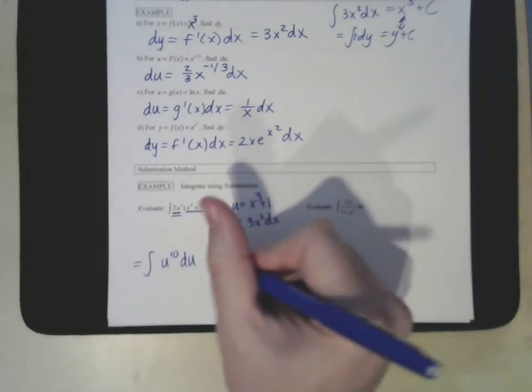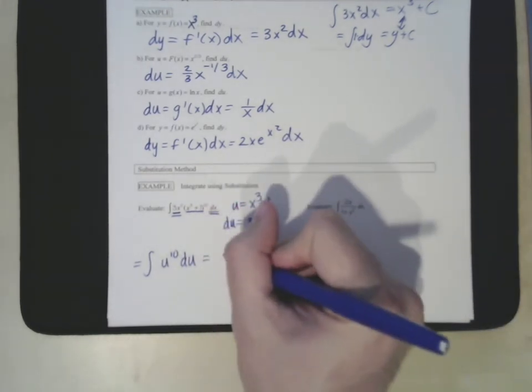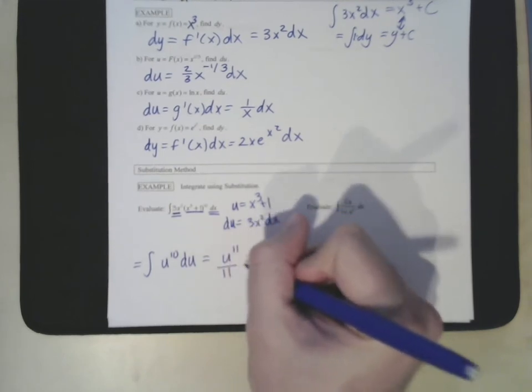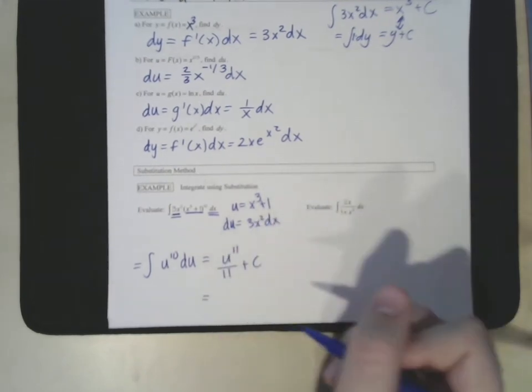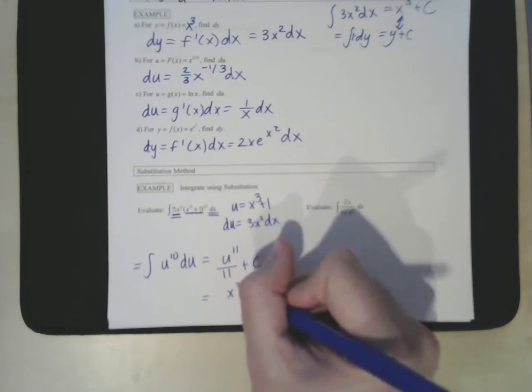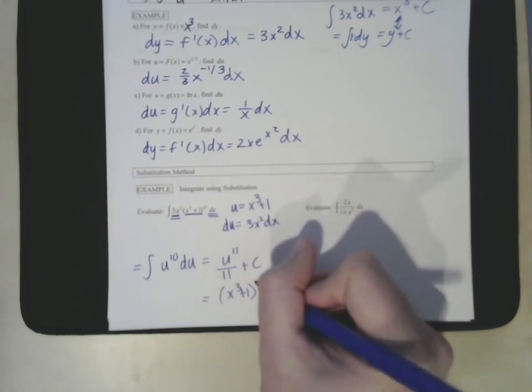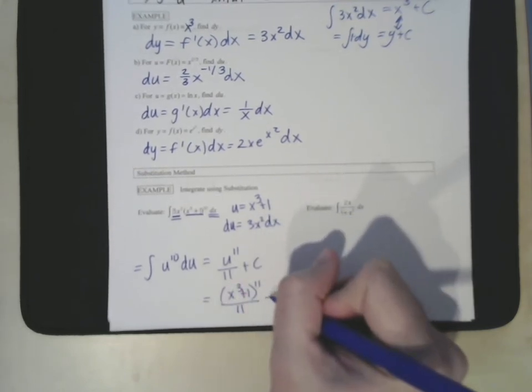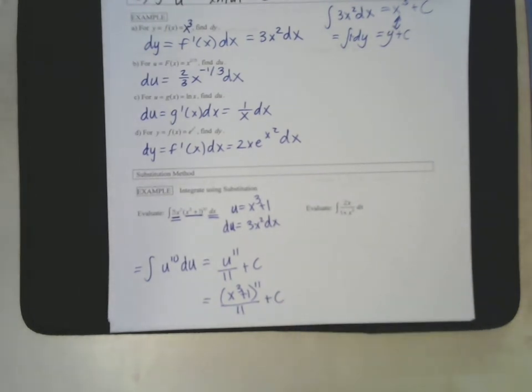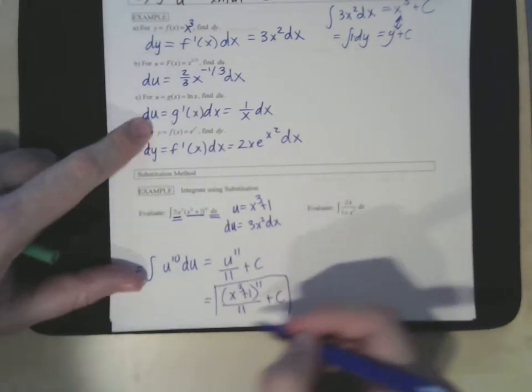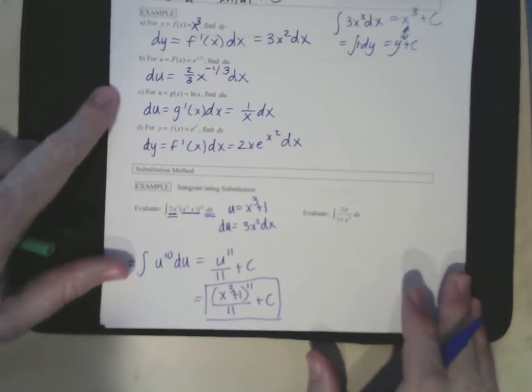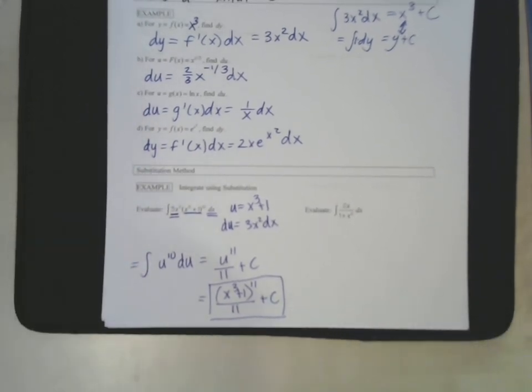And now we can integrate this using the power rule of integration, u to the 11th over 11 plus c. And then swap back to x's. u is x cubed plus 1, quantity to the 11th over 11 plus c. And so it allows us to integrate more complicated functions.